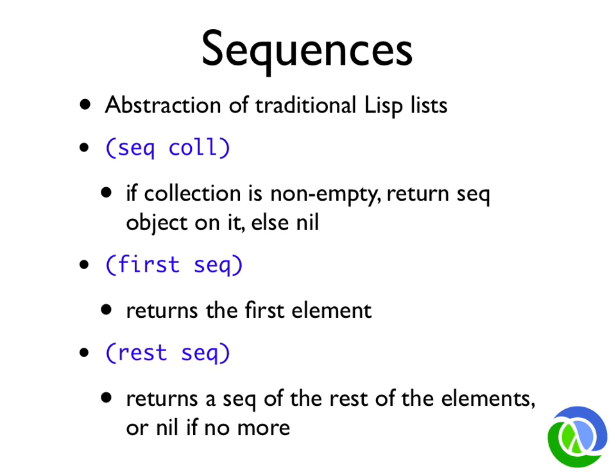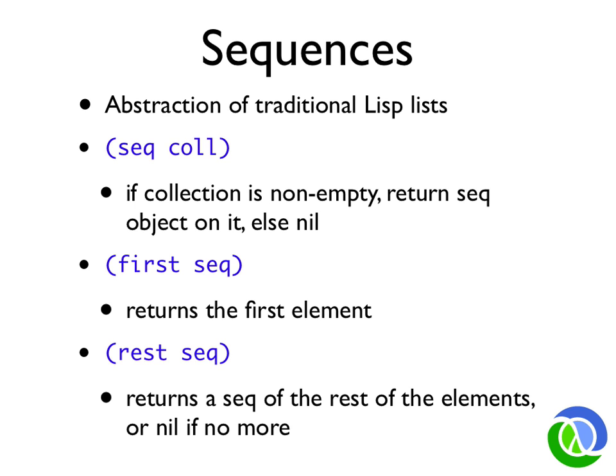Which means you can say seq call, and you can put that in an if expression as a test thing, and because nil returns logical false, you'll know there's nothing to do. That's an important idiom of Common Lisp Clojure preserves, unlike Scheme, where you have to say empty all the time.